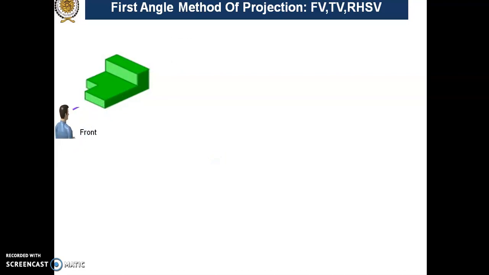At the same time, we have to place the observer from the top side like this, and we have to place the observer from the right side, like this. This is the right hand of your observer, so right hand side. Now draw the front view and top view as discussed in the previous way.